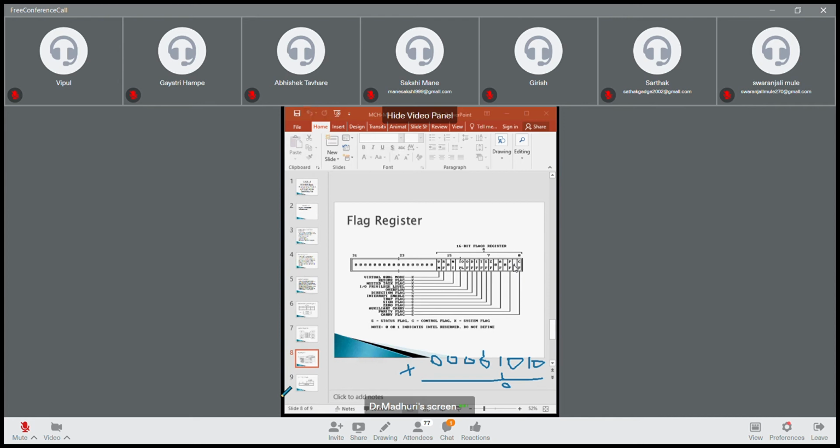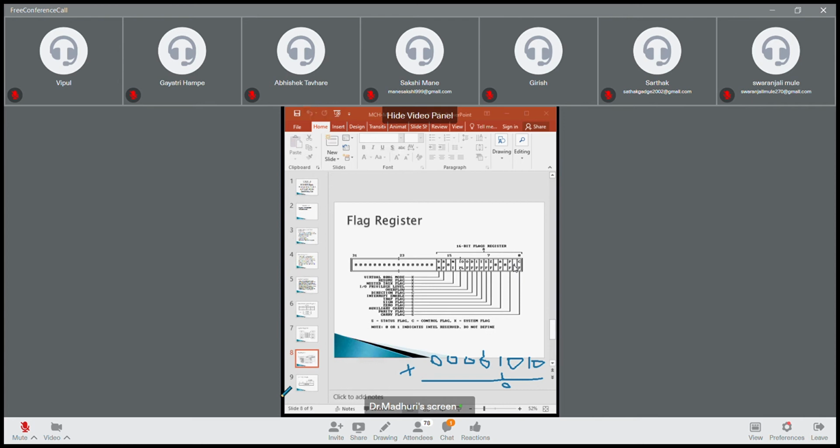Now exception is something like an error. First, just remember exception is something like an error. So that is the trace flag. That means when you debug through single step, it executes one machine instruction, step by step.